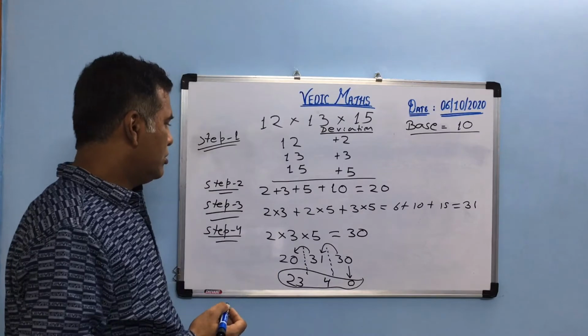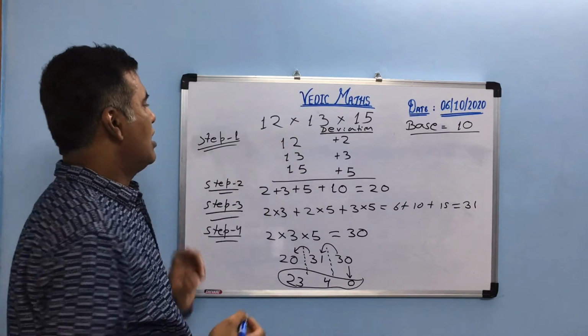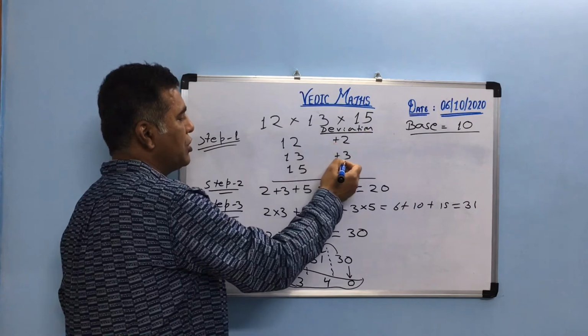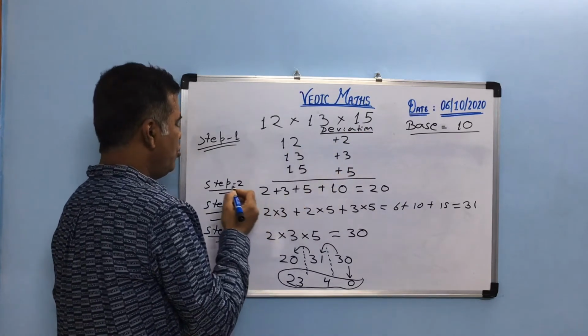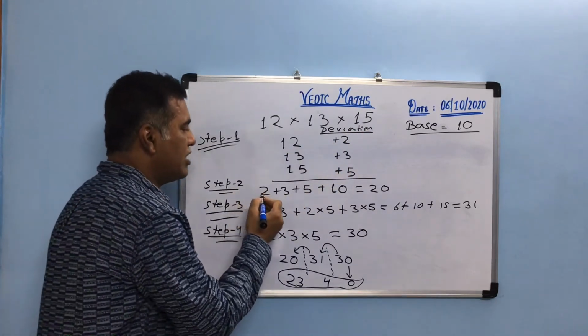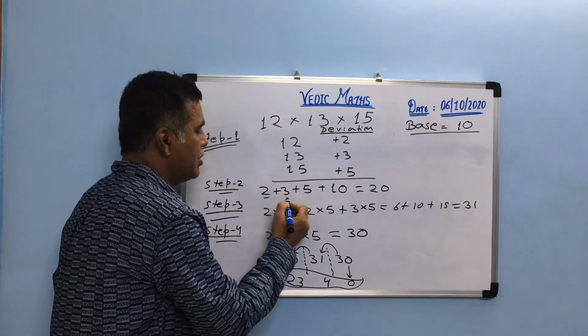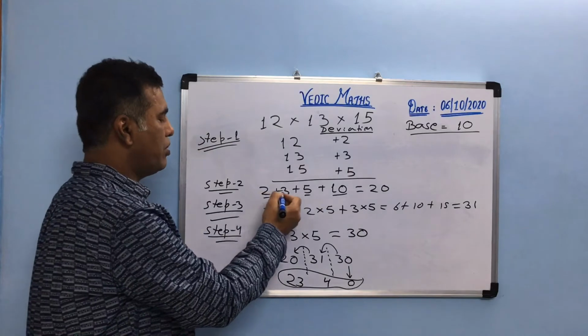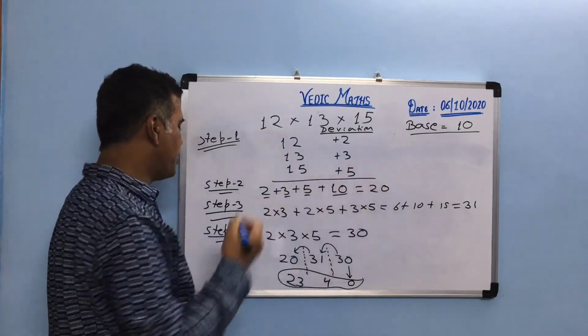So first I will take the differences from the base. Here the difference is 2, here 3 and here 5. In the first step I will take the sum of the differences 2, 3, 5 with the base. The base is 10, so 2 plus 3 plus 5 plus 10 is 20.